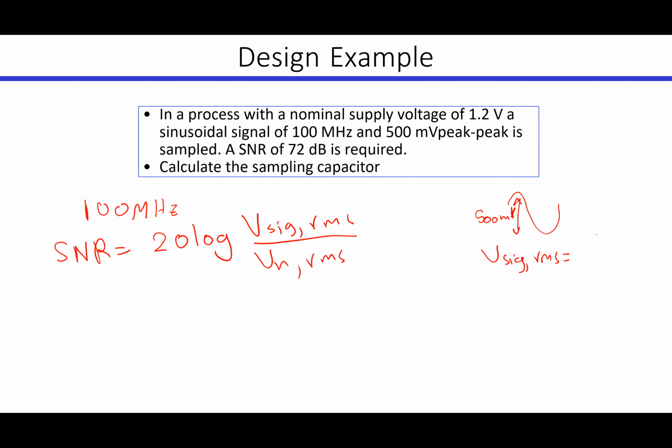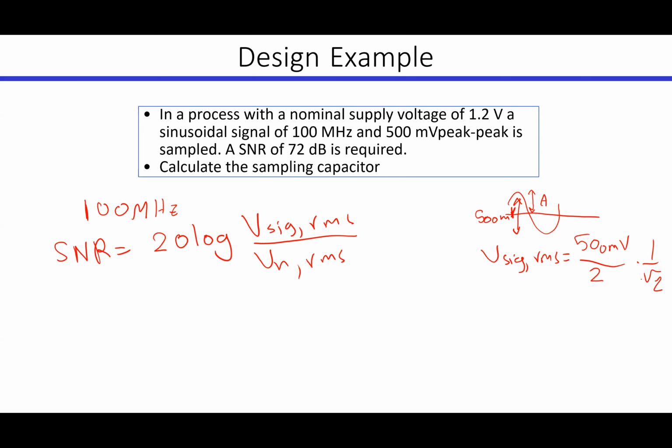If you remember, for a sine wave signal, it's the value of A, which is half of the height here, divided by square root of 2. So it will be 500 millivolt divided by 2 to get A, and divided by square root of 2 to get the RMS value.